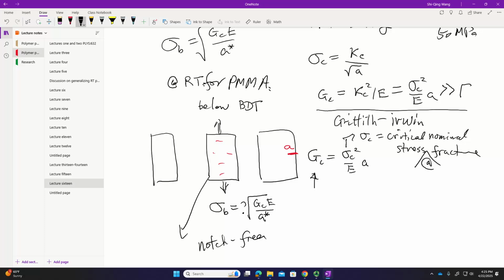So how do I have this formula? I'm just looking at the same formula and perceive that when I have a flaw, my fracture occurs at this nominal strength, right?